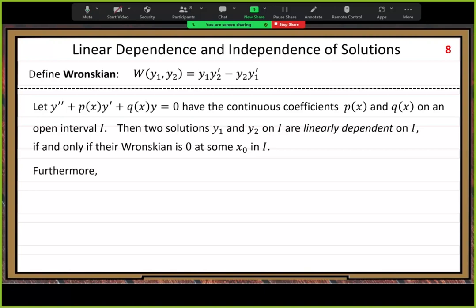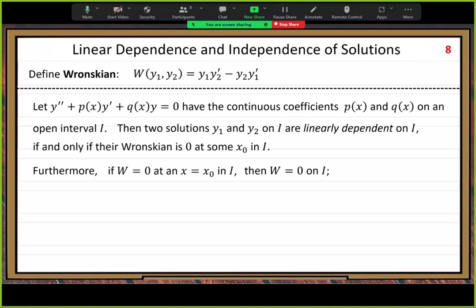Furthermore, if W equals 0 at one point in I, that one point would guarantee W equals 0 on the whole interval. When you check the condition, you only need to find 1 point in I such that W equals 0.